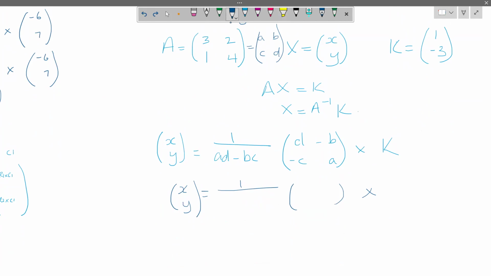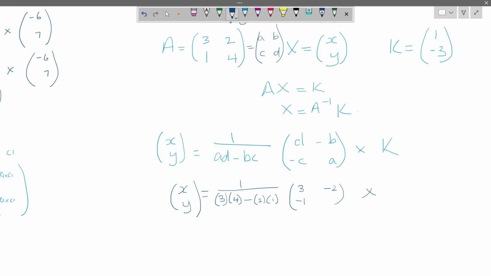So A is 3, D is 4, minus B is 2. So you see how easy it is when we do this. You can just look and see what you do. Then inside of here now, D is going to be 3, B is going to be negative 2, C will be negative 1.